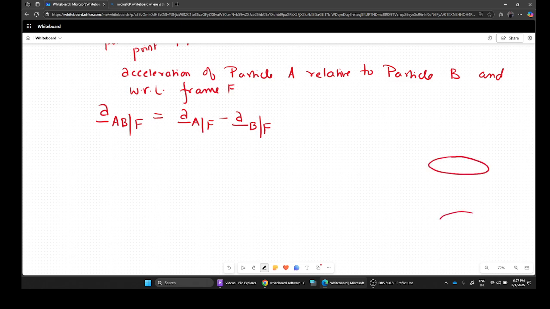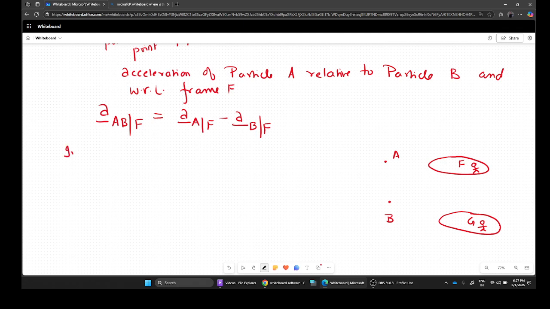Suppose we have two reference frames F and G, and there are two particles A and B which are being simultaneously observed by the two observers.